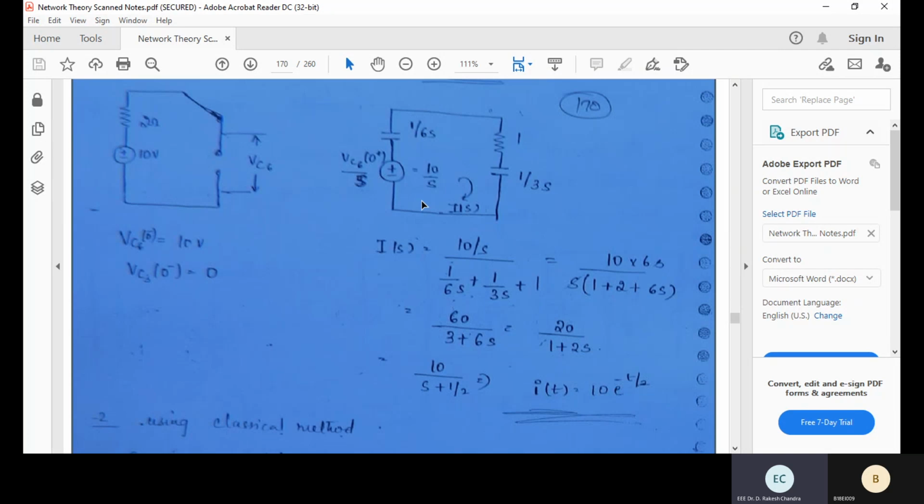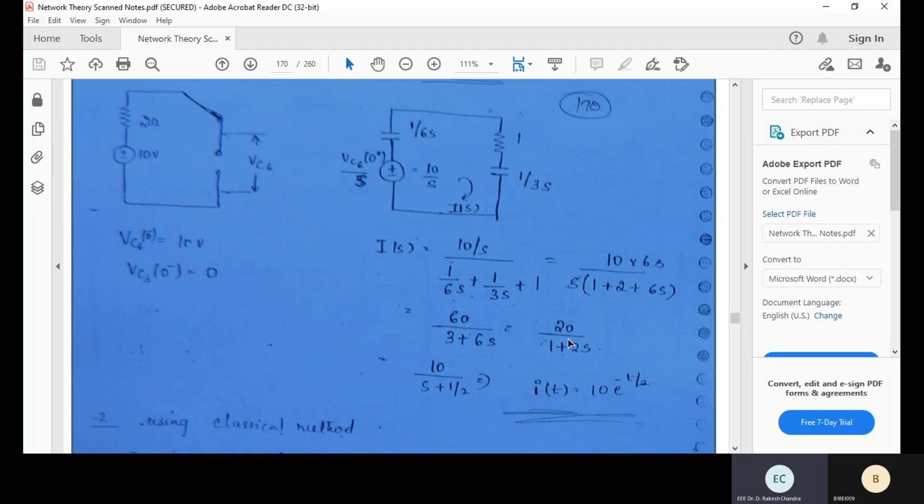Similarly, by applying the Laplace domain, that is also KVL. By using the Laplace domain, you can find the equation in terms of s, and this is the final I of s equation. For that equation, you can go for inverse Laplace transforms in order to find the I of t response.